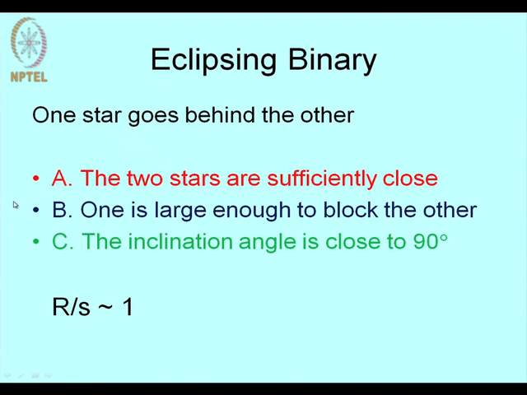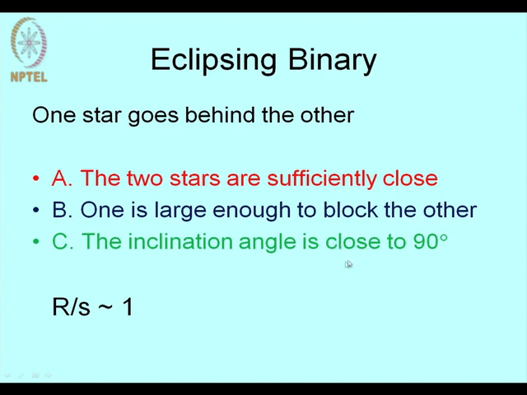Well, for an eclipsing binary, in general the two stars should be sufficiently close. If you have two very distant stars, it is highly unlikely that one of them will block the other. Further, one of them should be large enough to block the other star, and the inclination angle should be close to 90, or else it is unlikely that one of these stars is going to block the other.